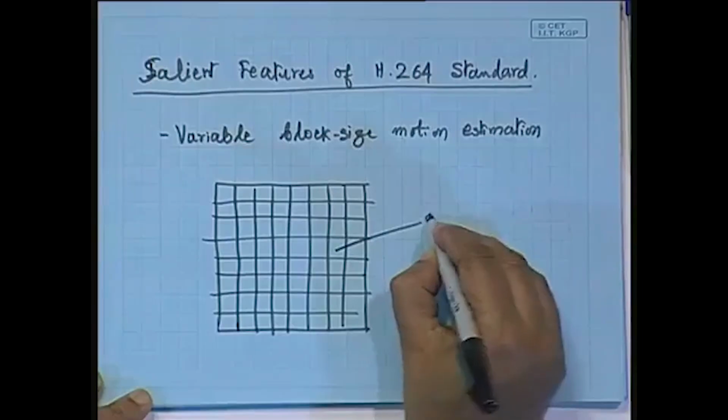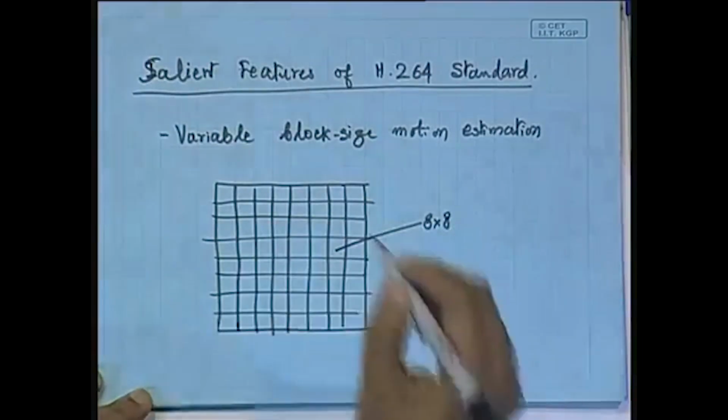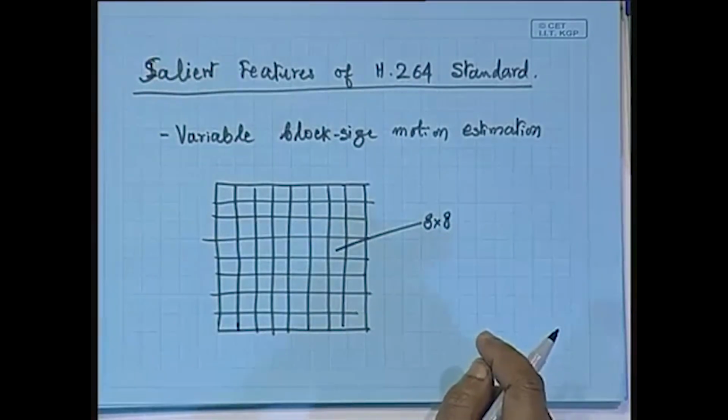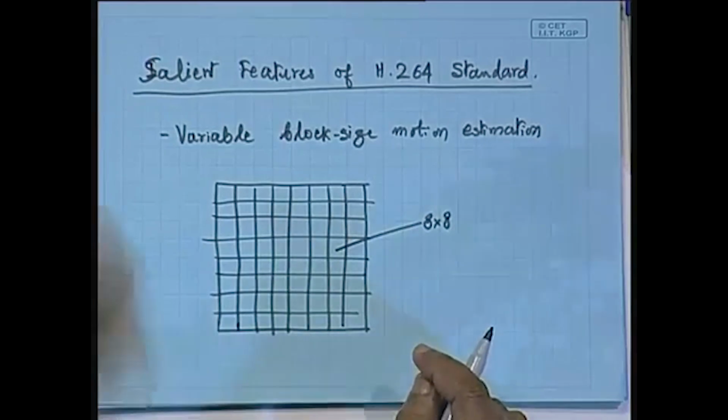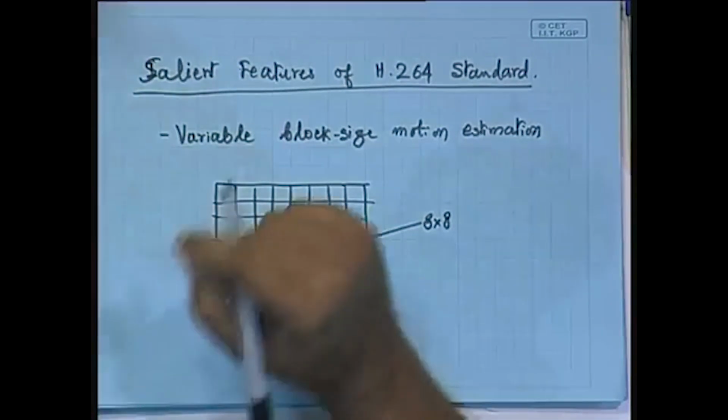So, all of these are 8 by 8 block sizes. Now, let us first discuss why is this 8 by 8, why not 4 by 4, or why not 16 by 16, or why not 32 by 32, who decides that it is 8 by 8? Well, if we make the block size very large, what advantage do we have?